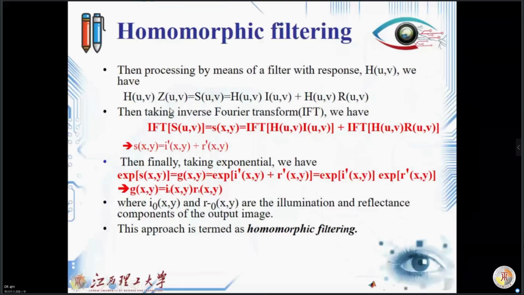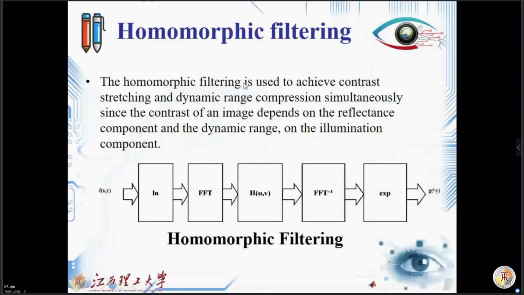If we want to know the sequence of working of this filtering, which is used to achieve contrast stretching and dynamic range compression simultaneously, since the contrast of the image depends on reflectance and the dynamic range on the illumination components: you will see that I have the image.